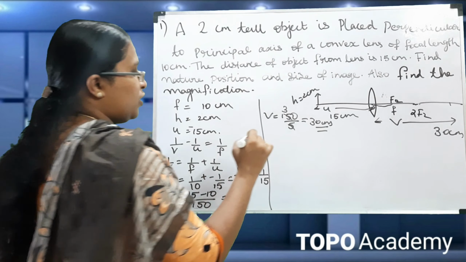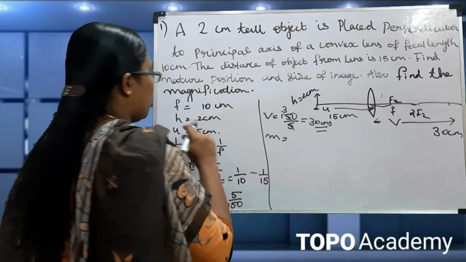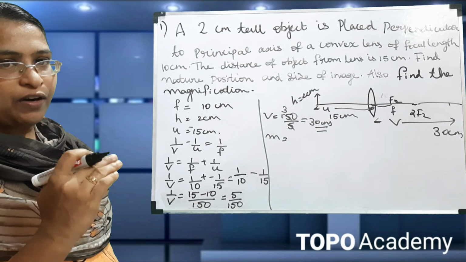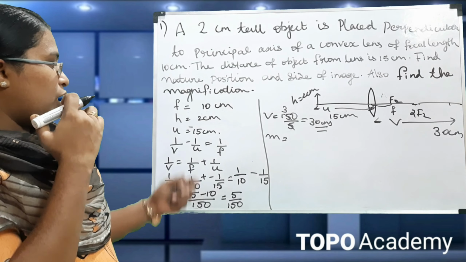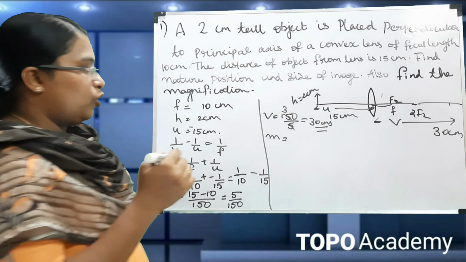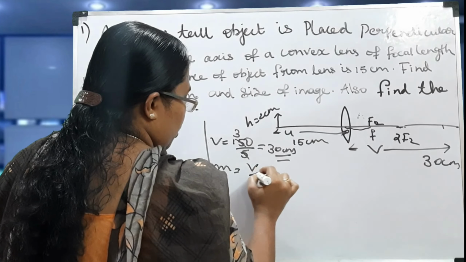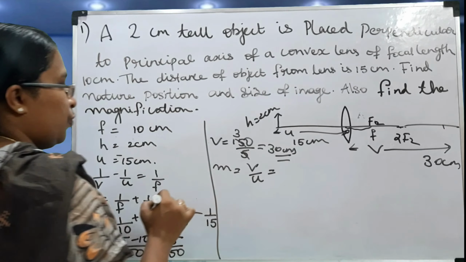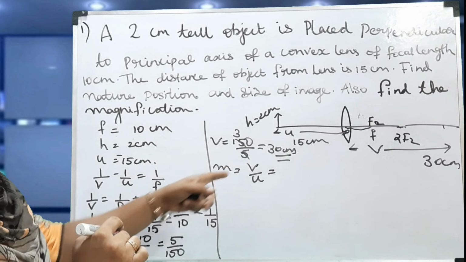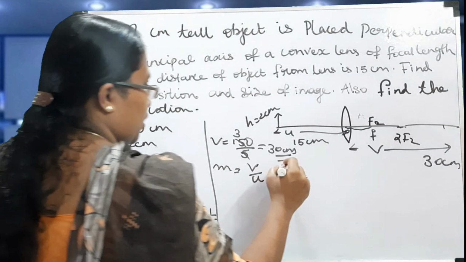Next we have to find the magnification. What is the equation to find the magnification? Here only h is given, h dash is not given, so we cannot use the formula h dash divided by h is equal to m. Here u and v are given, so we can use the formula m is equal to v by u. What is the value of v? v is 30 cm.